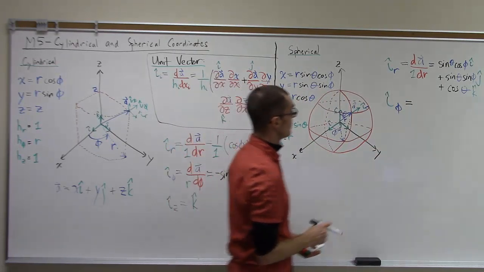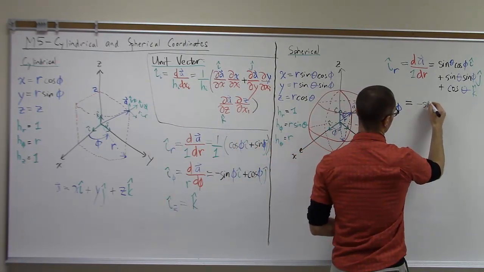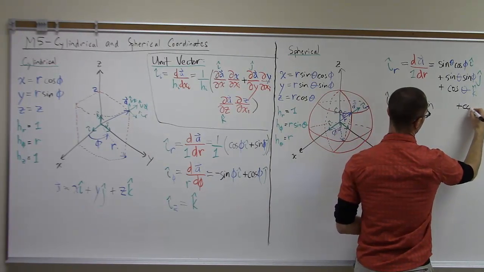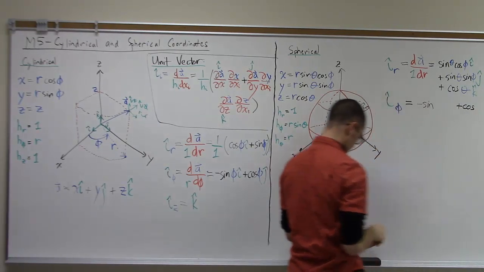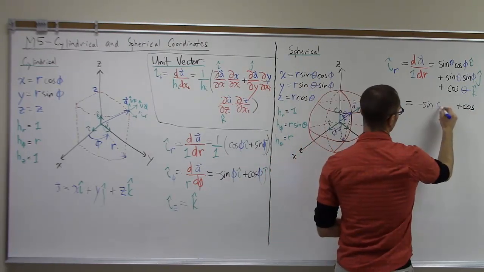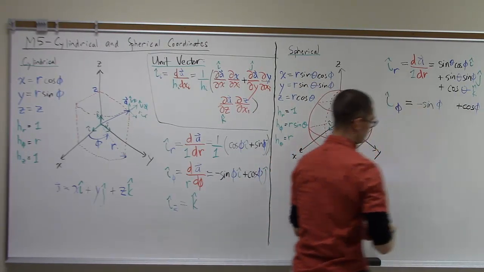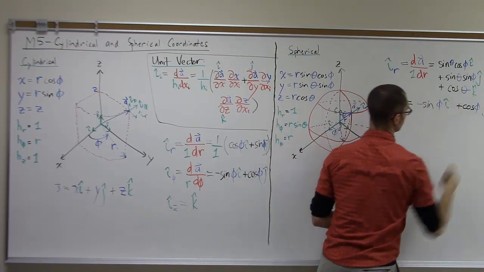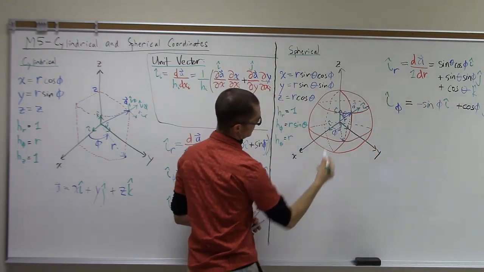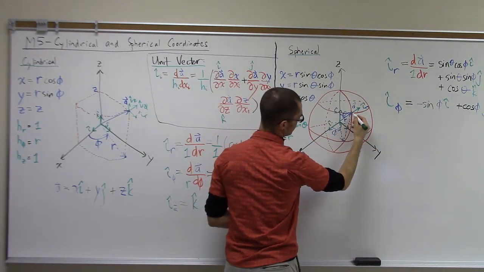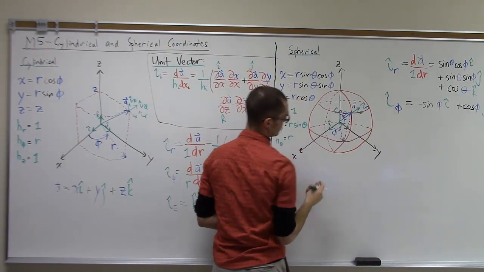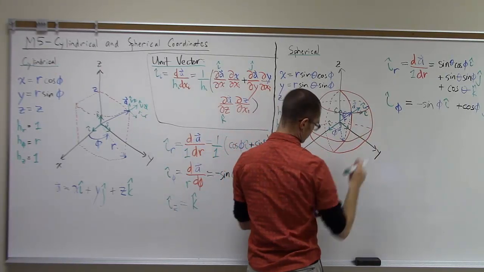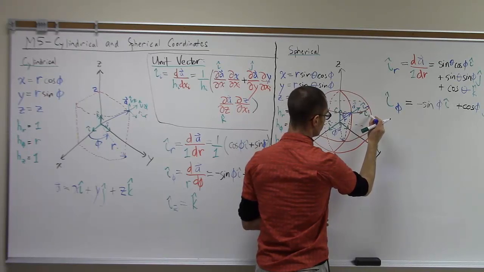So I'm going to end up with negative sine phi, and I'm going to have positive cos phi. And the z component is 0. Okay, so the unit vector in the phi direction goes out parallel this way, and it always remains parallel to the xy plane. So that's i sub phi.